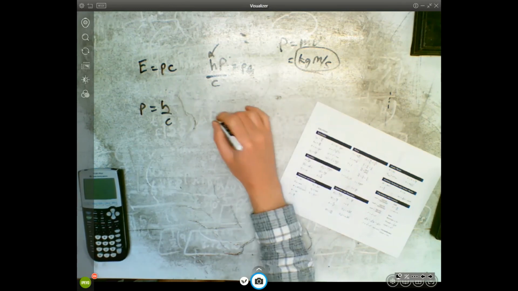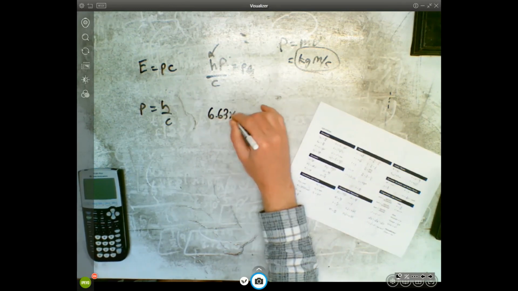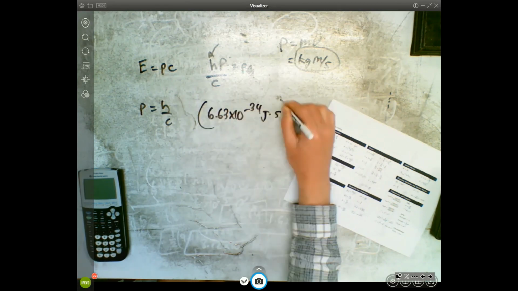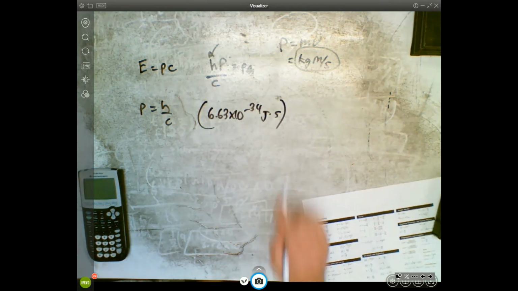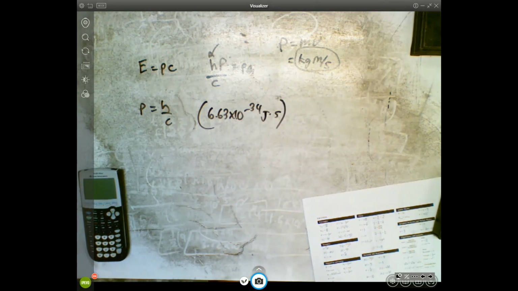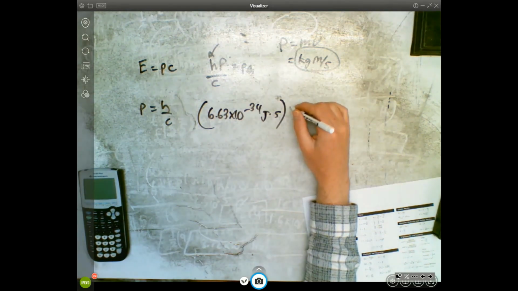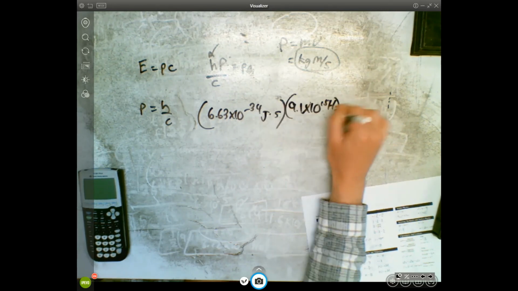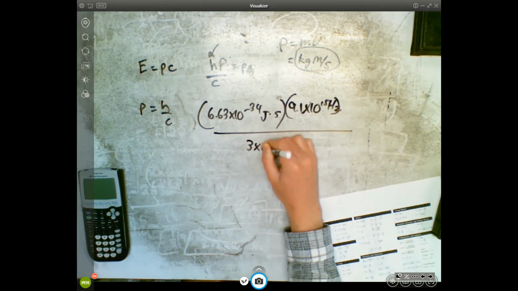So we have to use the 6.63 times 10 to the negative 34 joule seconds, because if you use the electron volt one, you won't get those units of kilograms meters per second. And our frequency is 9.1 times 10 to the 15 hertz, all divided by the speed of light.